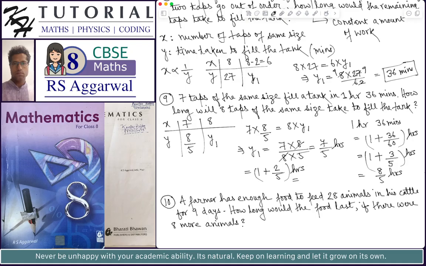This is equal to 1 hour plus 2 by 5 into 60 minutes, which is 1 hour and 24 minutes. Sorry for my very congested solution, I hope you can make it out. So y1 is equal to 1 hour and 24 minutes.